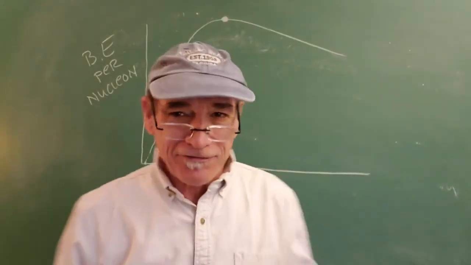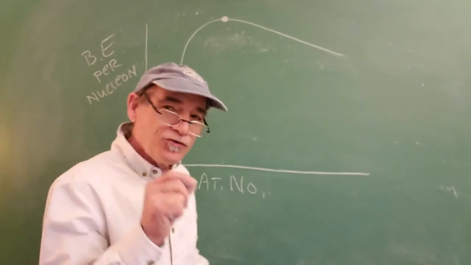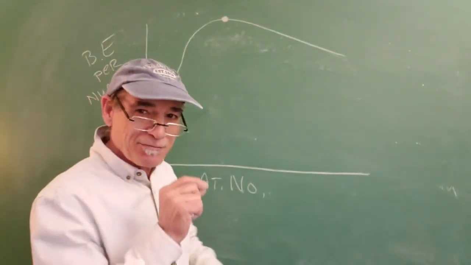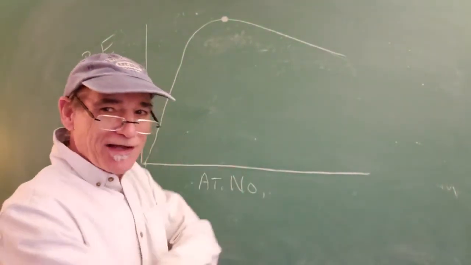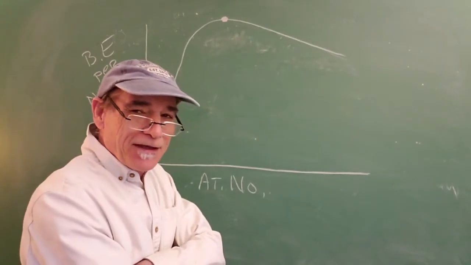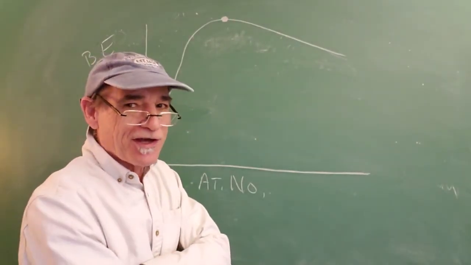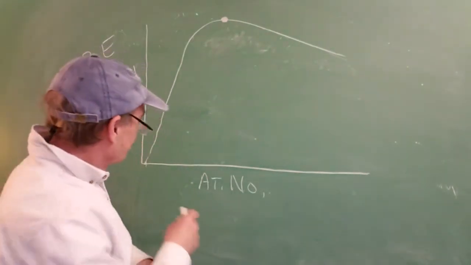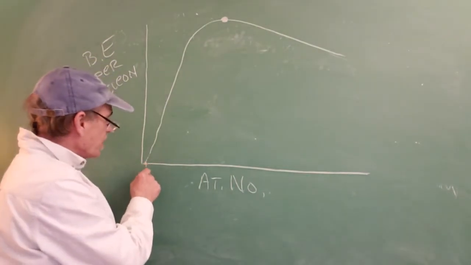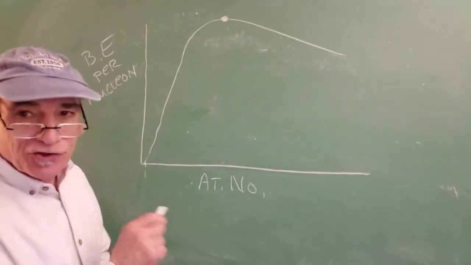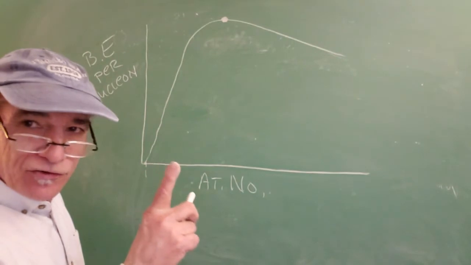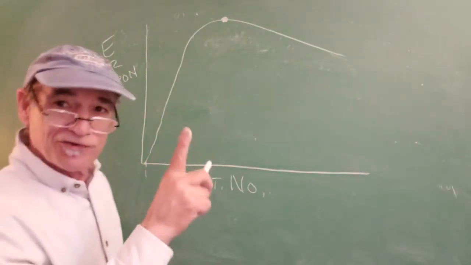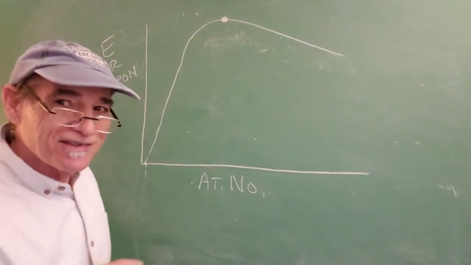You'll see this graph in your textbook. Once we compiled lists of the binding energy per nucleon for all the stable nuclei, if we plot them versus their atomic number, we find that down here at the beginning, hydrogen number 1 doesn't have any binding energy because there's only one nucleon in its nucleus, a proton, and it weighs exactly what a proton weighs, so there's no mass defect.